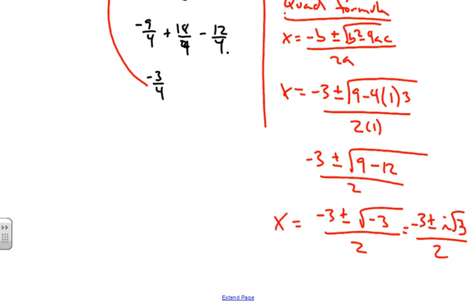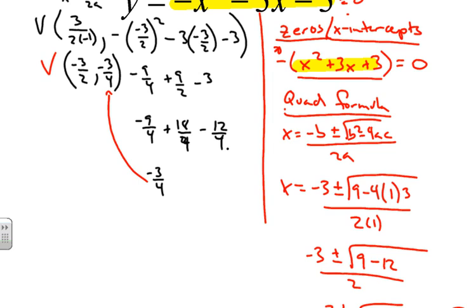Well, if we have an imaginary answer, that means our graph must not be hitting the x-axis. We probably could have figured it out if we had graphed our function. We plot our values: we have negative 3 halves, so we go over negative 3 halves, right about here, then down to negative 3/4. That's our vertex.